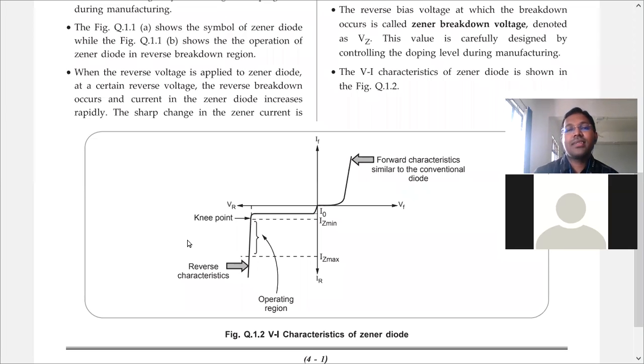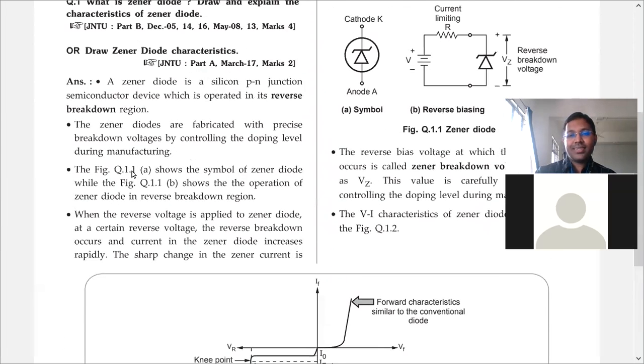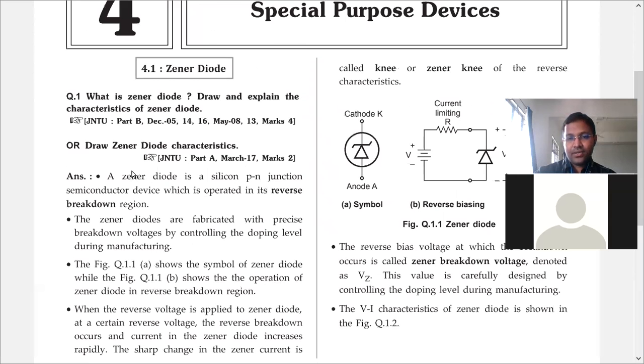What will determine the breakdown voltage? It is simply the doping. You can have precise control over the breakdown voltage by selecting the suitable doping. So this is about the Zener diode.